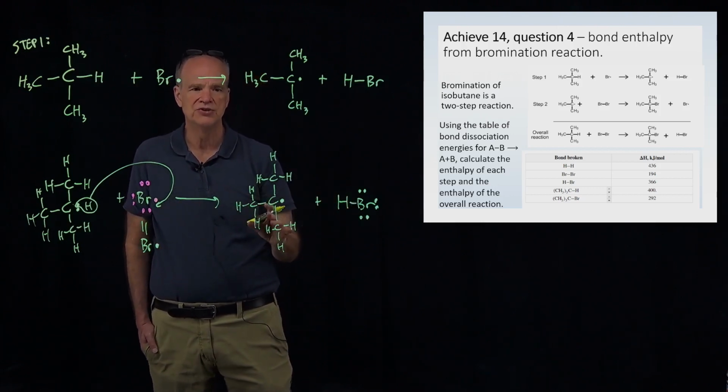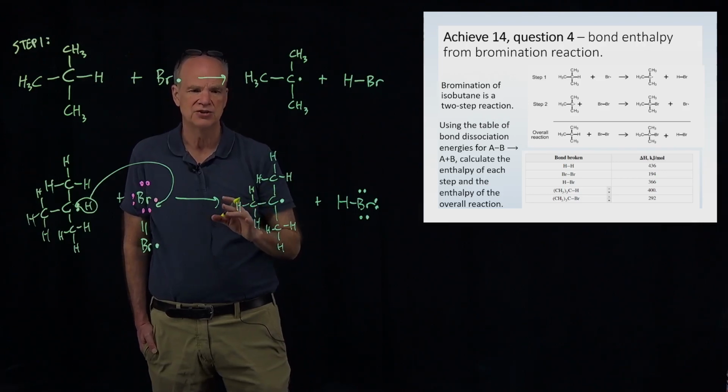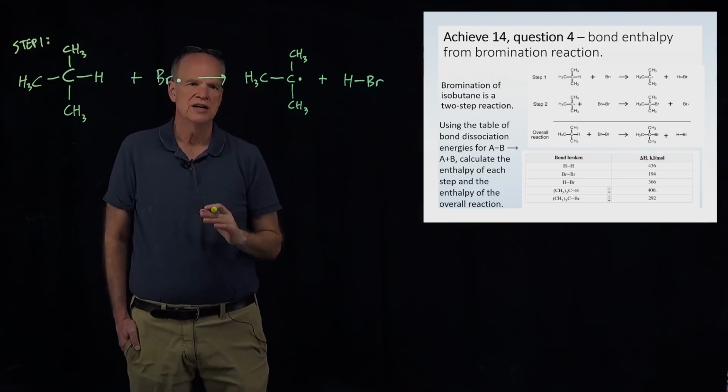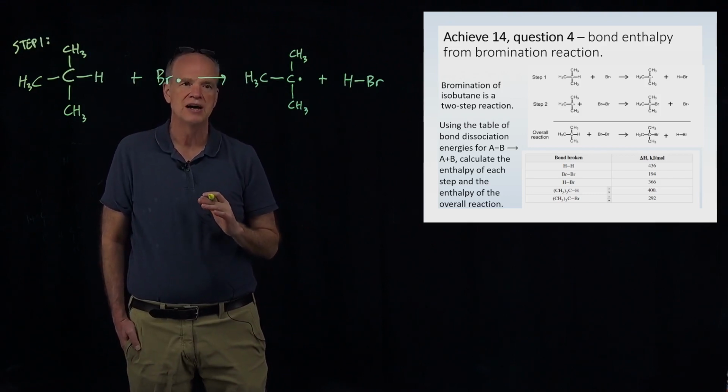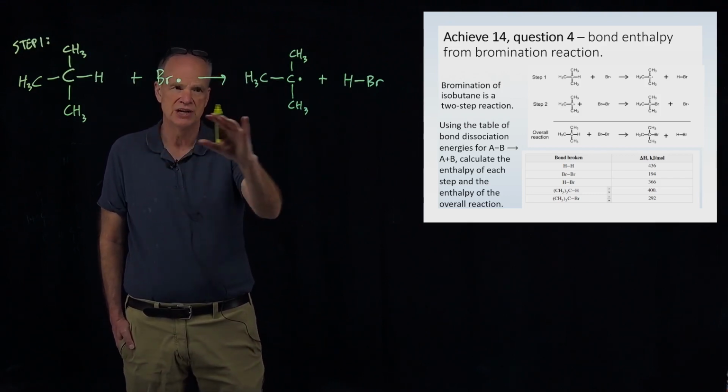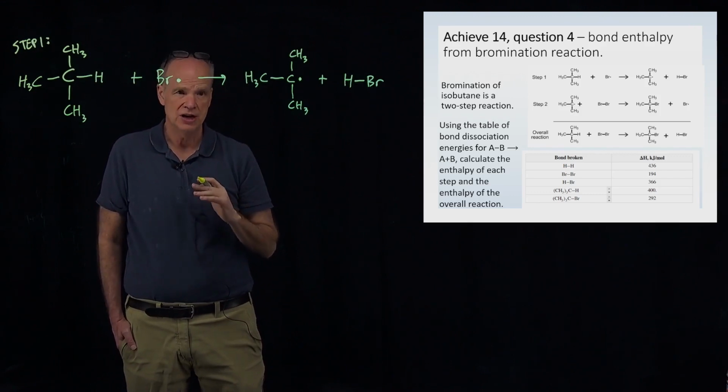So what I'm going to do is I'm going to clean up the board a bit, and then I'm actually going to solve the problem. Okay, so what they want you to do is figure out the enthalpy change of this reaction here. And so there are a couple of ways you can do it.